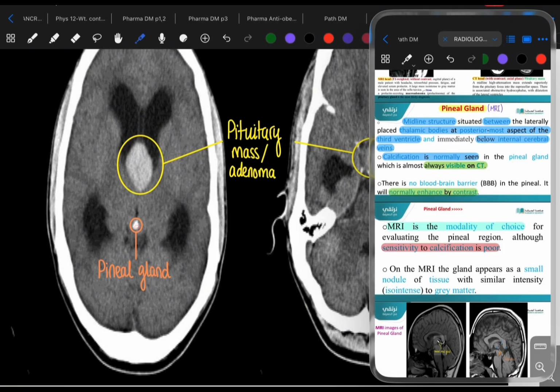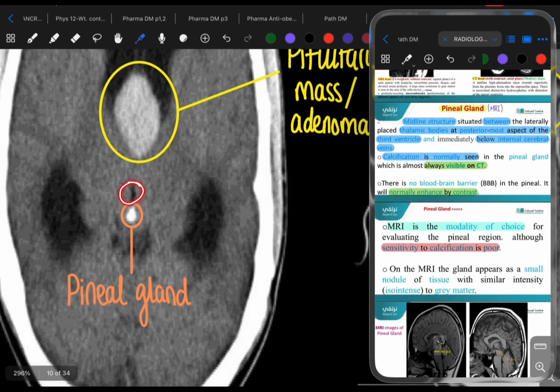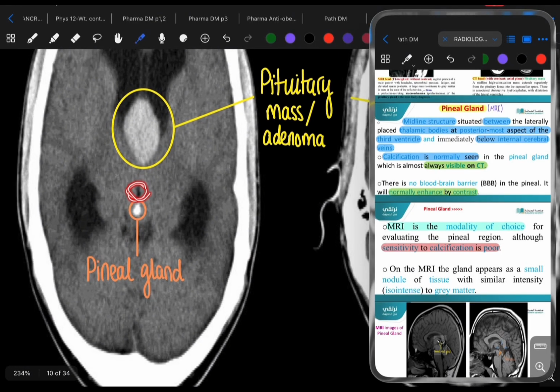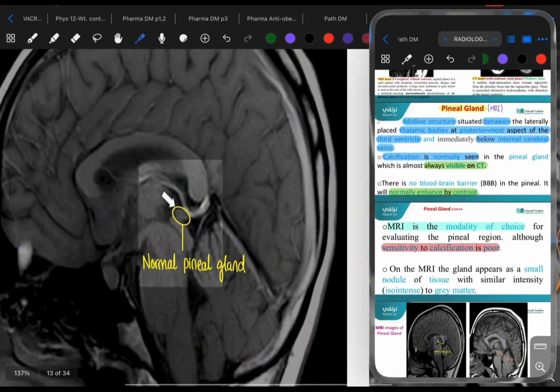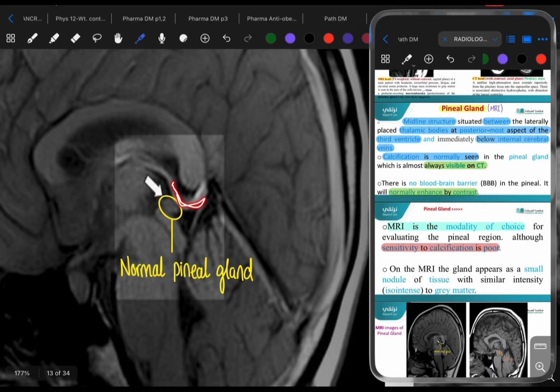It's in the midline here, and it's between the two thalamic bodies, the right and left thalamus. And it's the posterior-most aspect of the third ventricle. Here we can see it's posterior to the third ventricle. And it's below the internal cerebral vein. We can see the internal cerebral vein here, so it's below it. This is the anatomy.